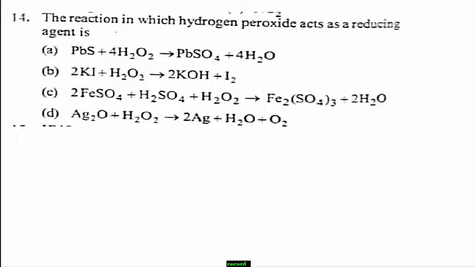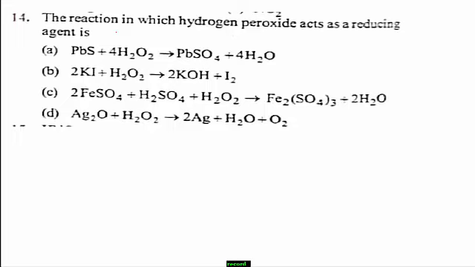Option B, 2KI plus H2O2 gives 2KOH plus I2. Option C, 2FeSO4 plus H2SO4 plus H2O2 gives Fe2(SO4)3 plus H2O. And option D, Ag2O plus H2O2 gives Ag plus H2O plus O2. Which one is the right answer?